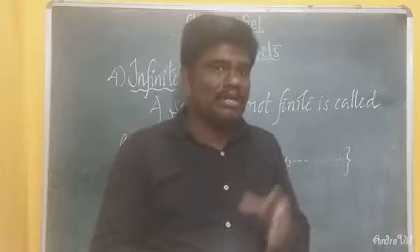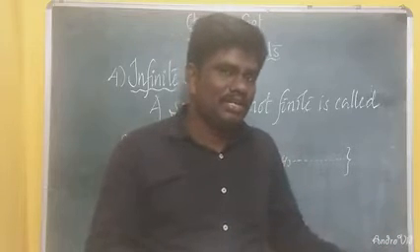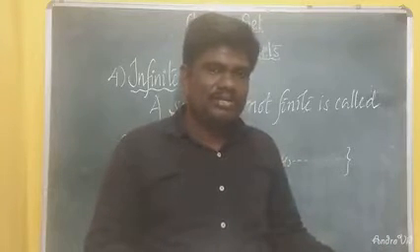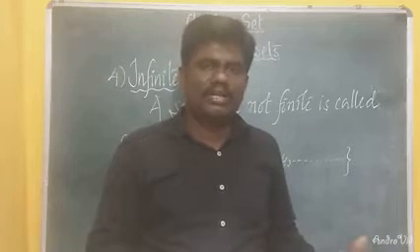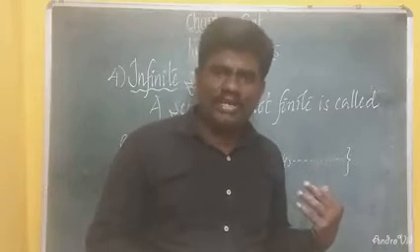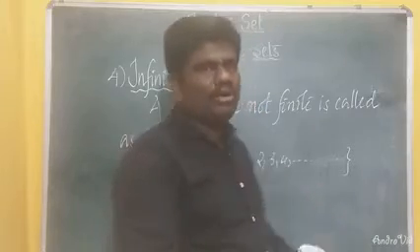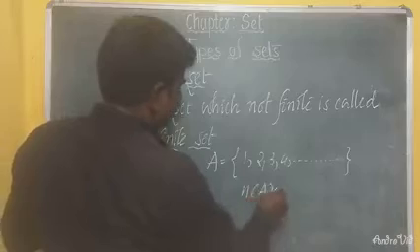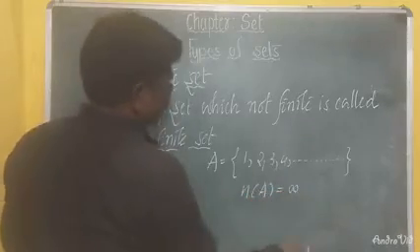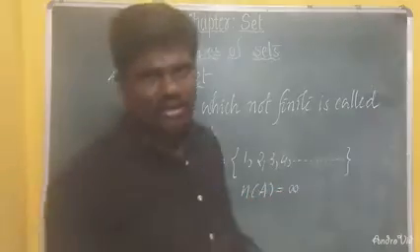Okay, now tell me, can we write the cardinality of this set? Yes, so there is no number, right? So we cannot write the cardinality of an infinite set. If at all we want to write, we can just write like this: the cardinality of an infinite set will be infinity.